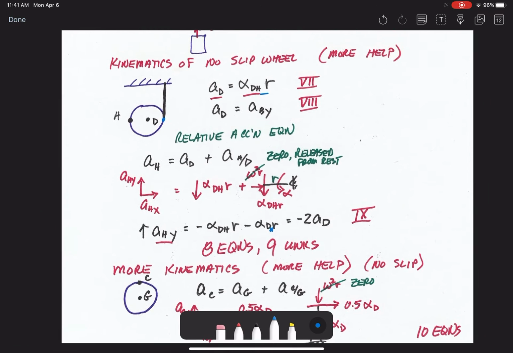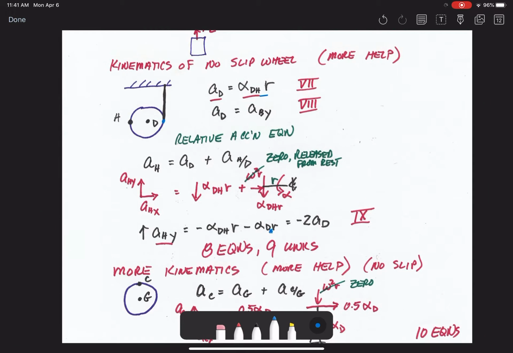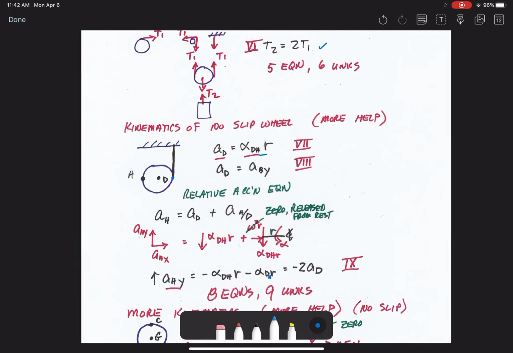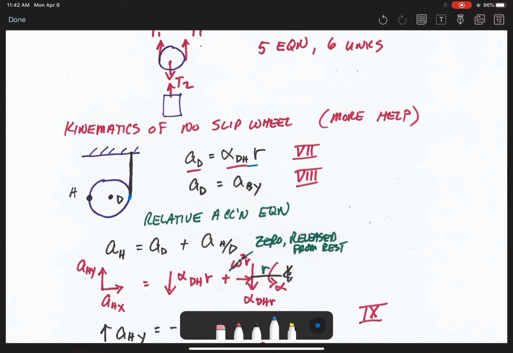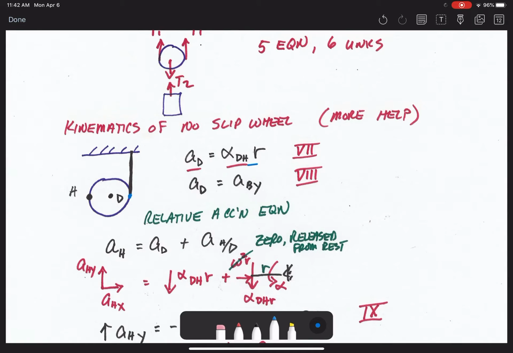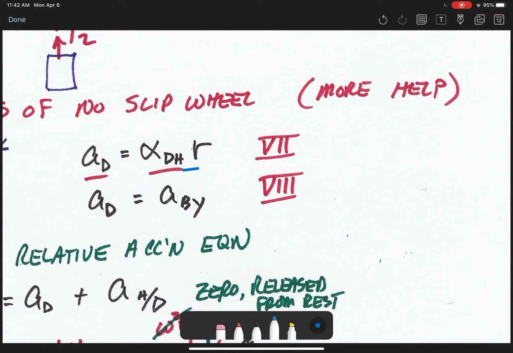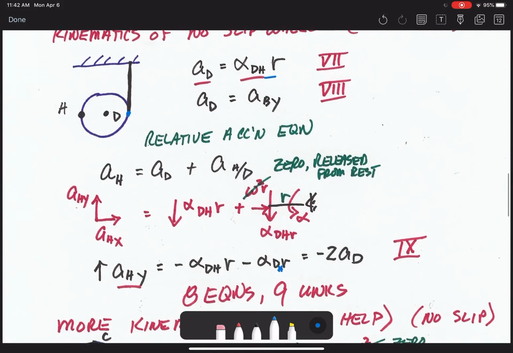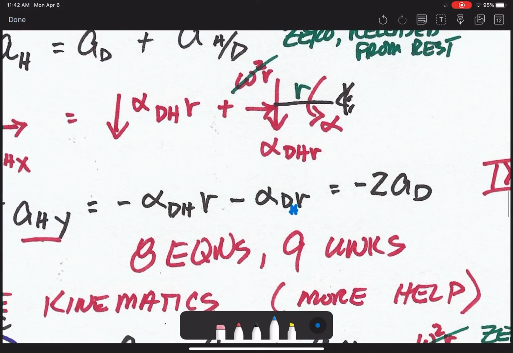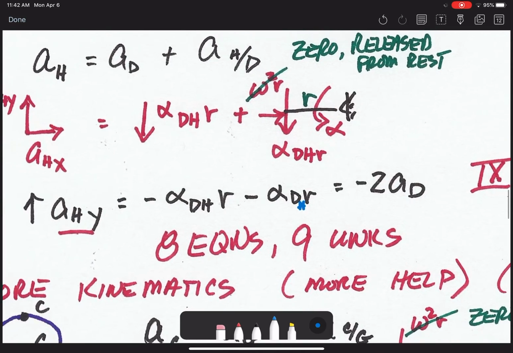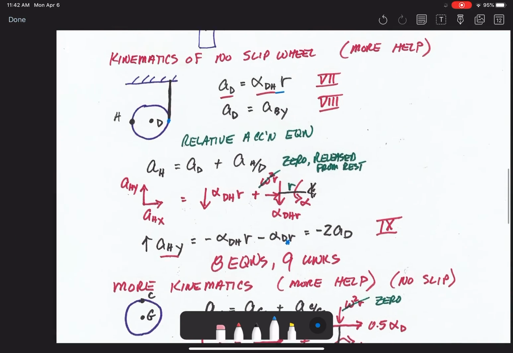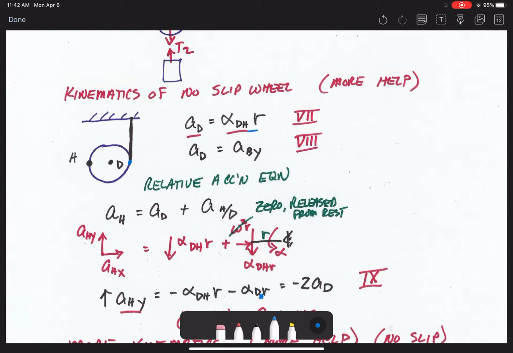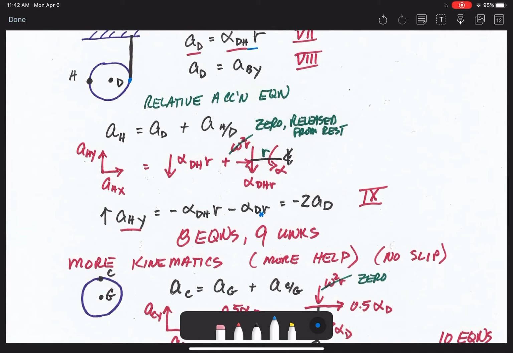So far we have introduced more unknowns and more equations. We had 5 equations, and then these additional 2 equations make 7, and then this equation makes the 8th equation. But we introduced more unknowns: AD, alpha DH, and AHY.